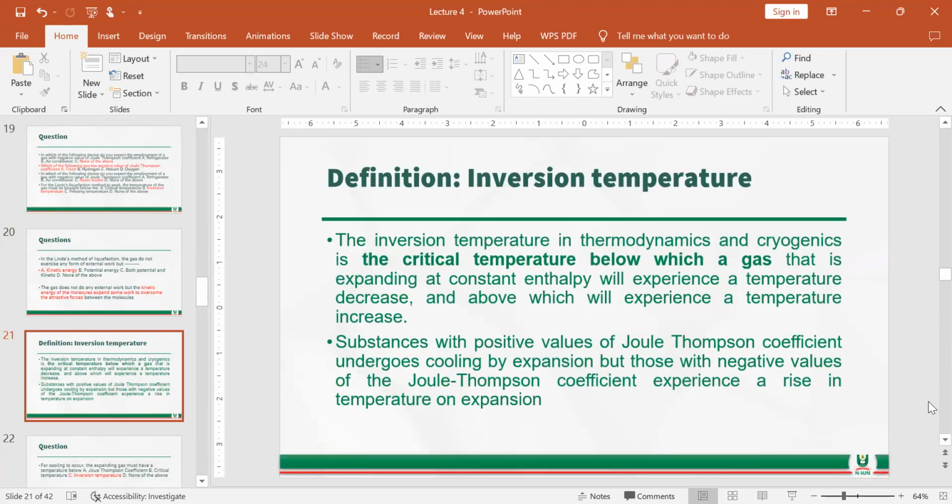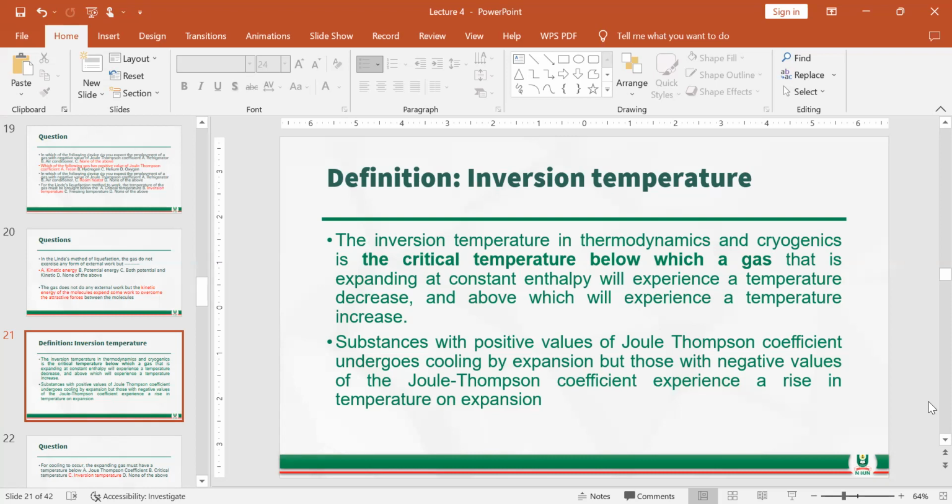Inversion temperature in thermodynamics and cryogenics is a critical temperature below which a gas that is expanding at constant enthalpy will experience a temperature decrease, and above which it will experience a temperature increase.